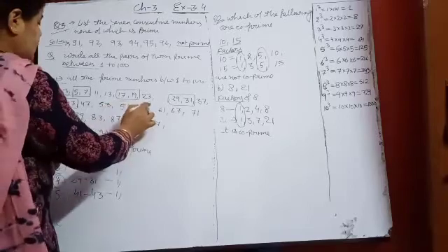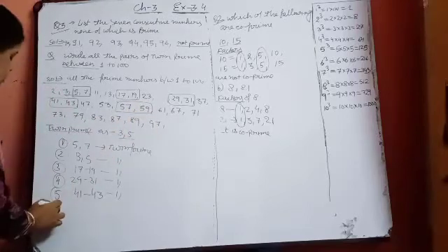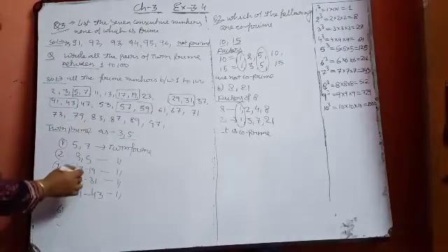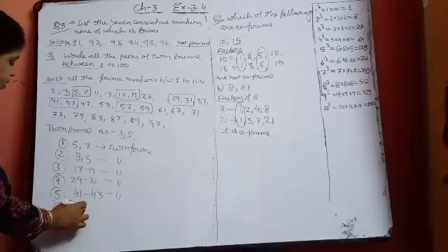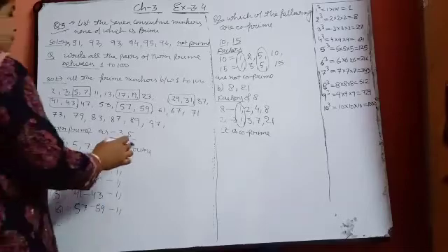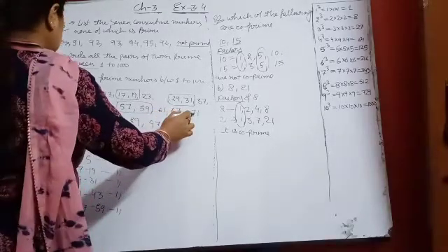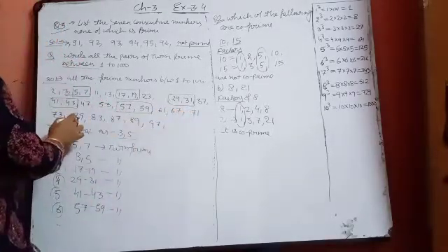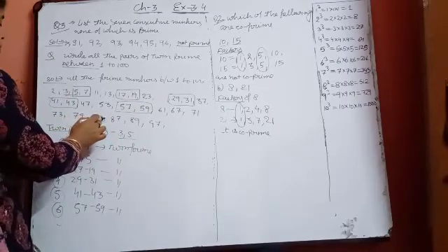Then 57 and 59. You can see they are coming at a gap of 2. 57 and 59, they are twin prime numbers. Okay. 67 and 71 not. 73 and 83 not.